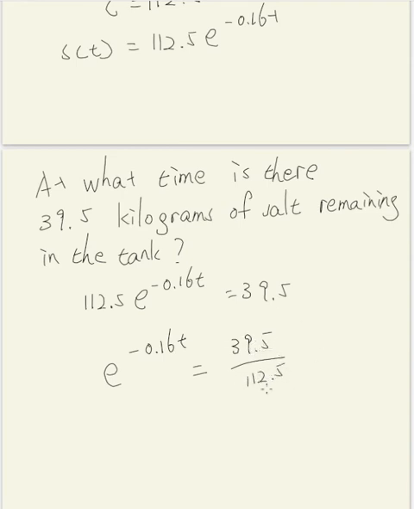You should simplify this. Just get rid of the decimal and then divide everything by 5, you may be able to further simplify this. I'm just going to skip that here. Okay, then minus 0.16 t equals ln of 39.5 divided by 112.5.